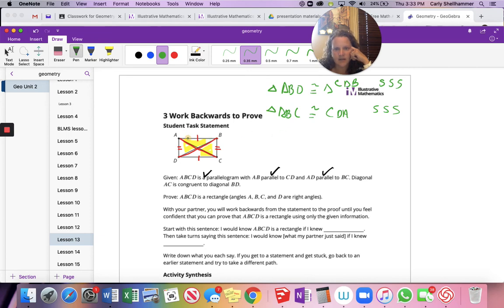If we're in the yellow one, let's say that angle A is congruent to angle C, CPCTC. Angle B is congruent to angle D, CPCTC. I don't think I can go angle A to angle D yet, because they're not in the same triangle.